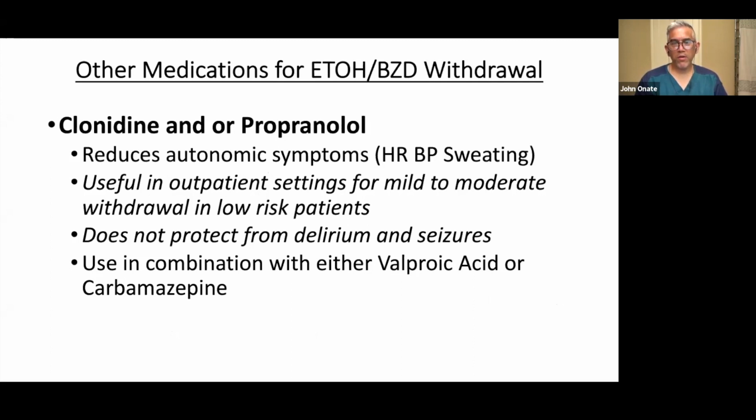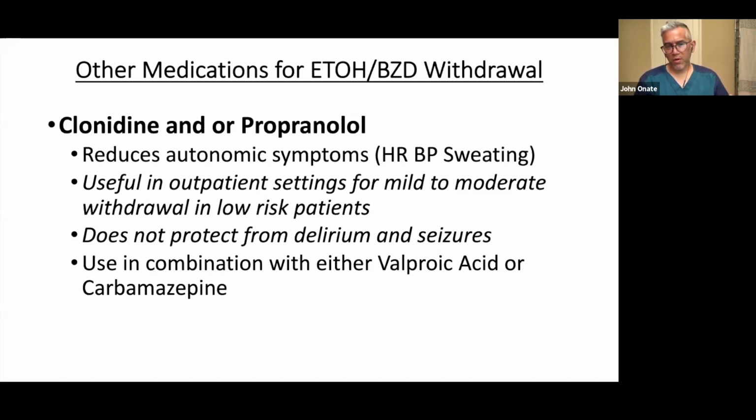You can also use medicines that downregulate glutamate, because when you're going into withdrawal, you can have these glutamate storms that can cause a delirium or encephalopathy. Clonidine and propranolol can also be used, especially if they're having a lot of tachycardia and very high blood pressures. You can use clonidine as well.